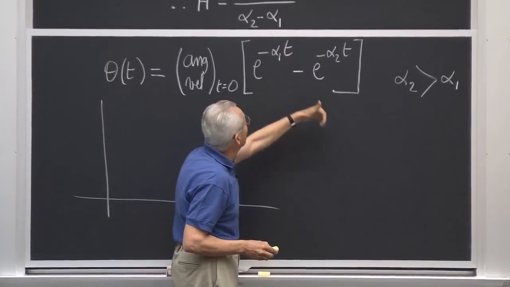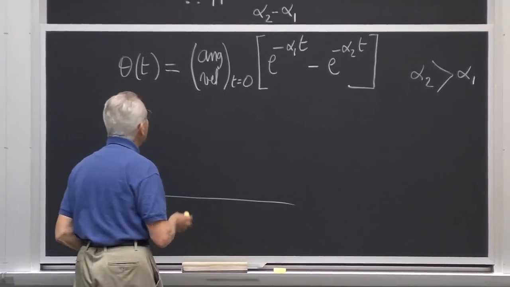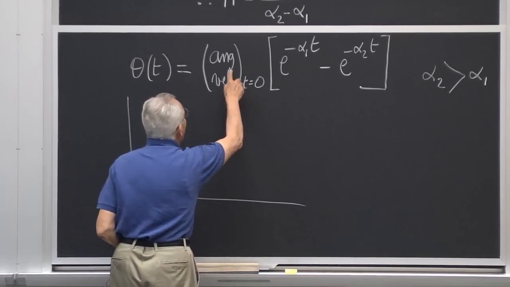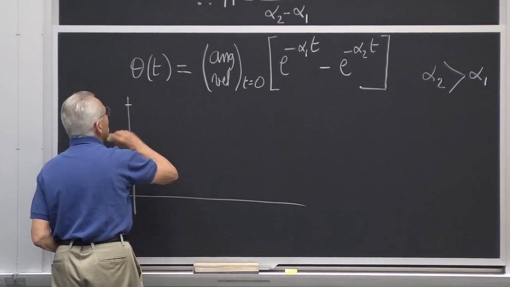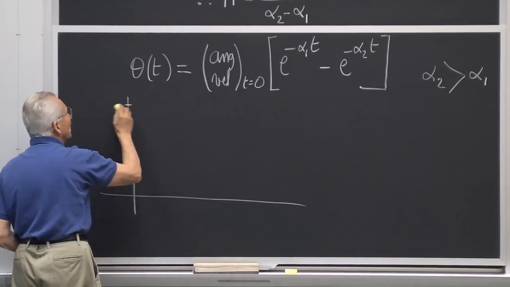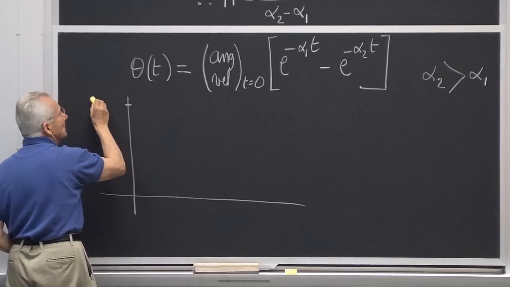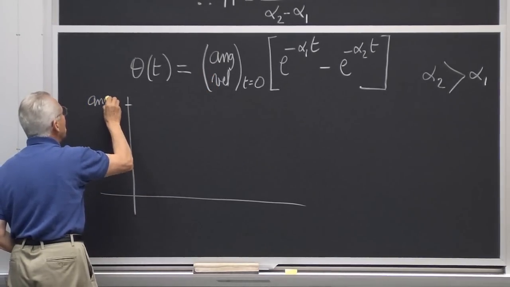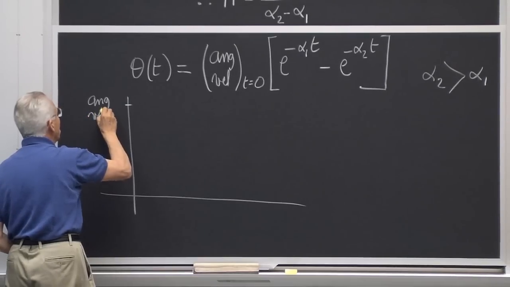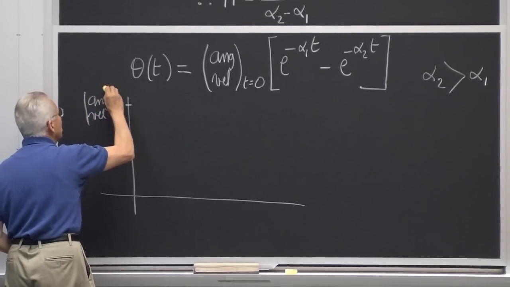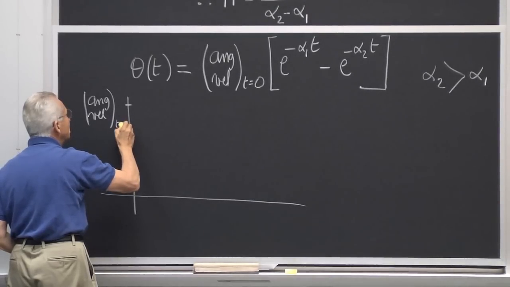It will be dropping faster than this one. So what do we have? This is my angular velocity at t equals 0.